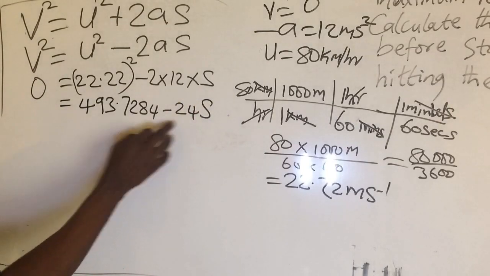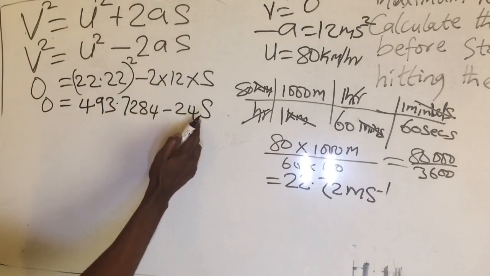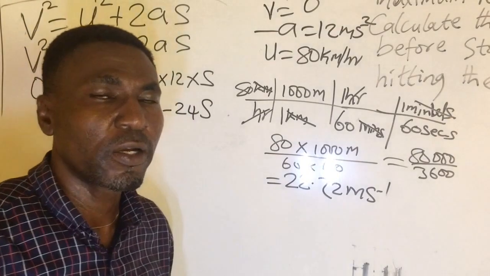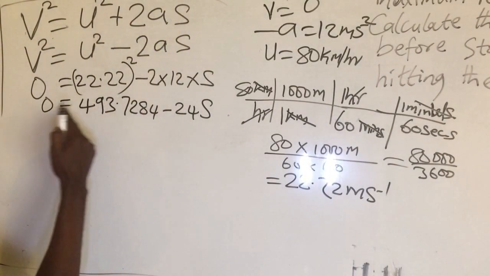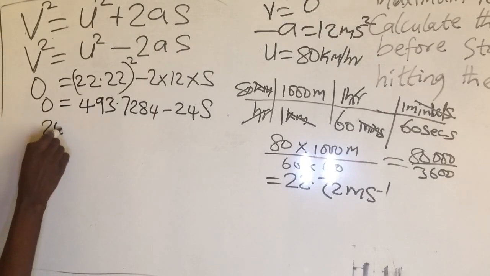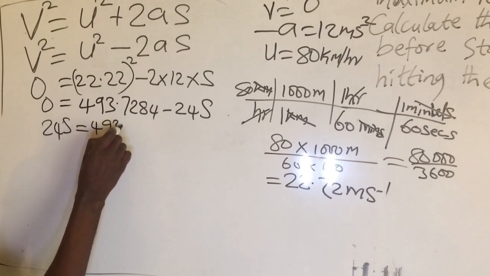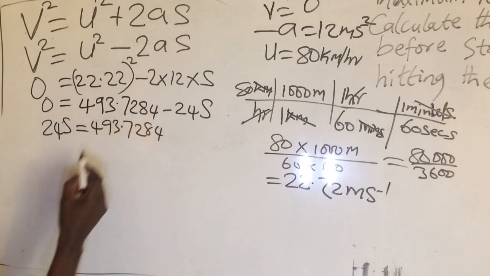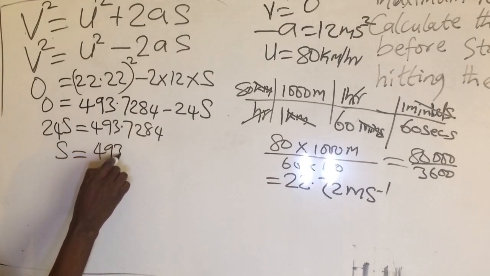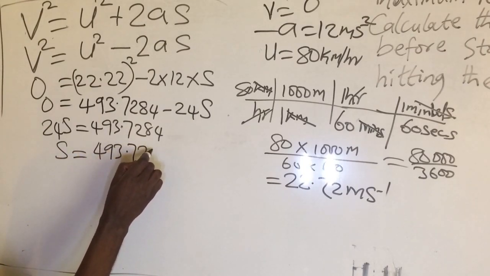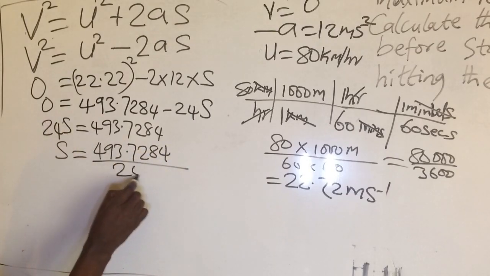Remember, here is 0. I am trying to make s the subject of the formula, which is the distance we are looking for. So I take 24s to this side, and when it crosses it will now be plus 24s, which equals 493.7284. Making s the subject, the distance will be 493.7284 all over 24.